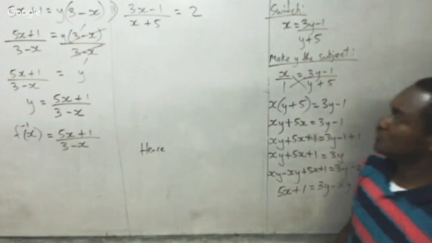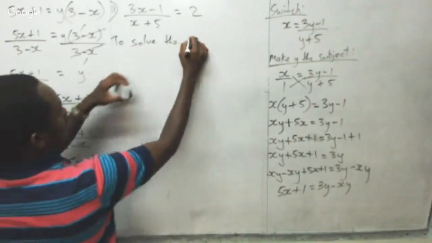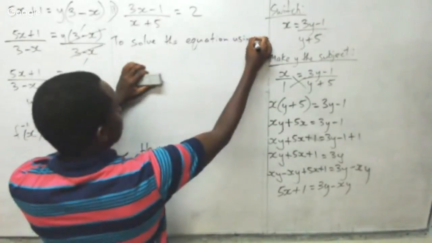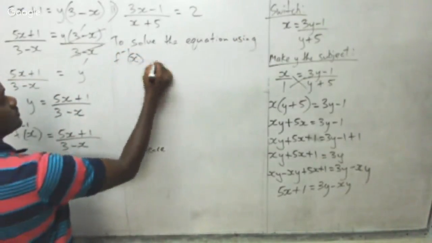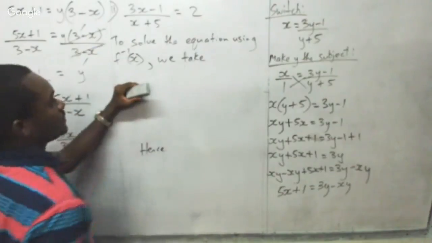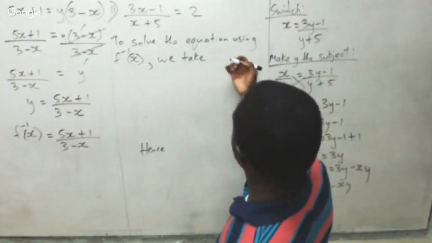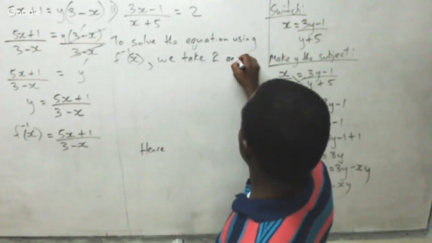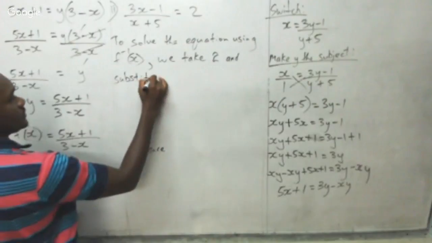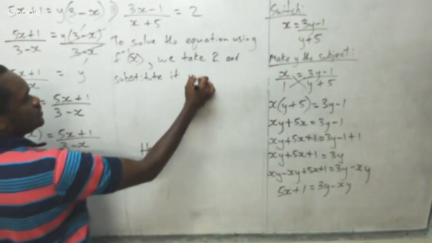In order to solve the equation using f inverse, we take 2 and substitute it into f inverse of x. It doesn't matter what number is there.